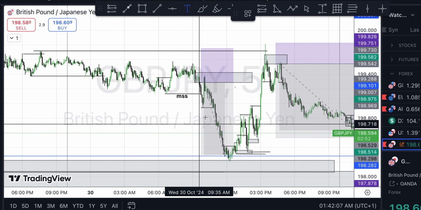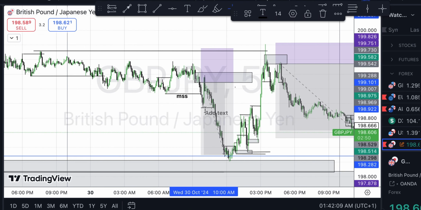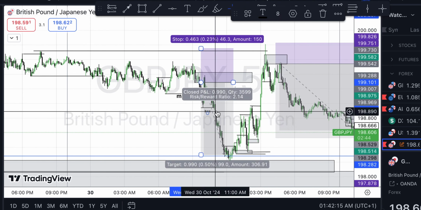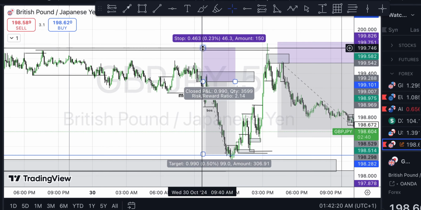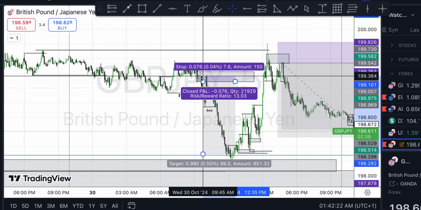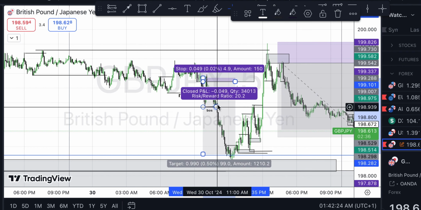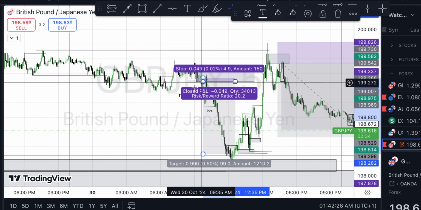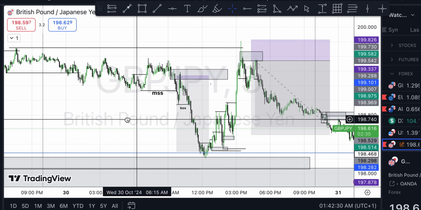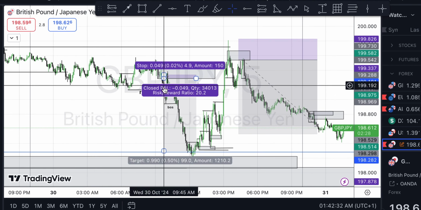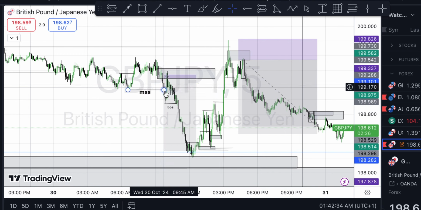So now this is a break of structure, so you have confirmation that price is going your direction, because price has broken structure again. So now you move your stop loss to break even. So even if price chooses to reverse against you, you are not going to lose any money. You are still going to be safe.